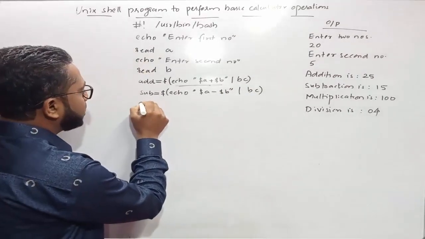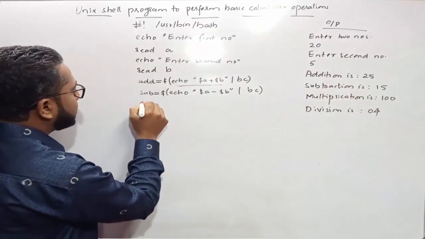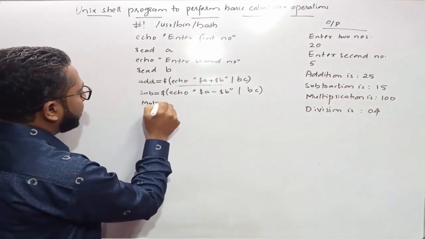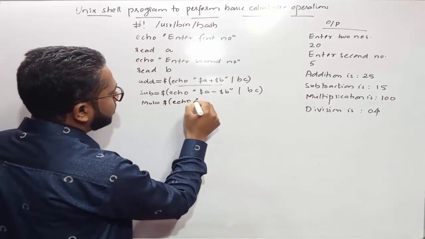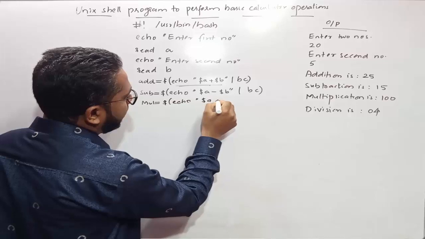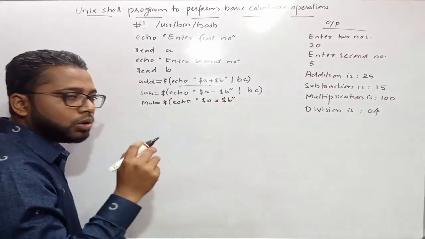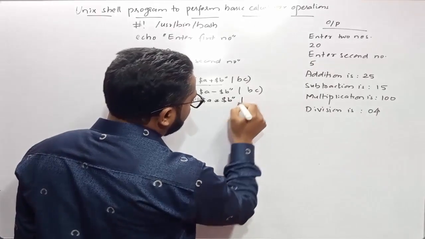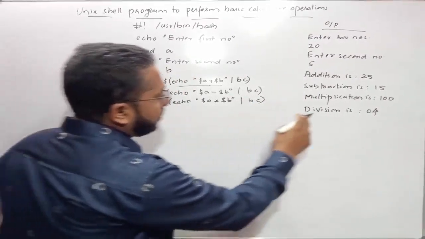To perform multiplication and to store the output, I will create one more variable, let us say mul equal dollar open bracket echo space double quote dollar a star dollar b double quote close, space pipe symbol space bc.